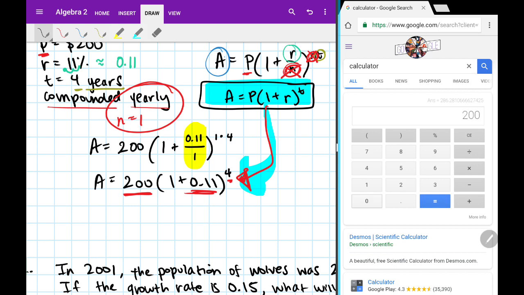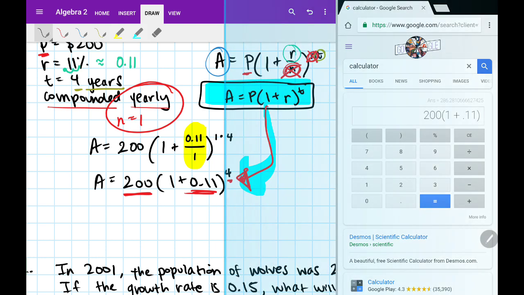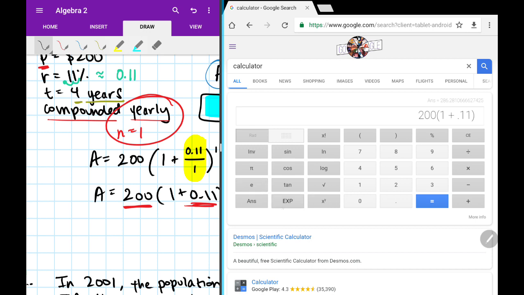It says 200 parentheses 1 plus 0.11 to the power of 4. And I get $303.61. Don't forget the dollar sign.